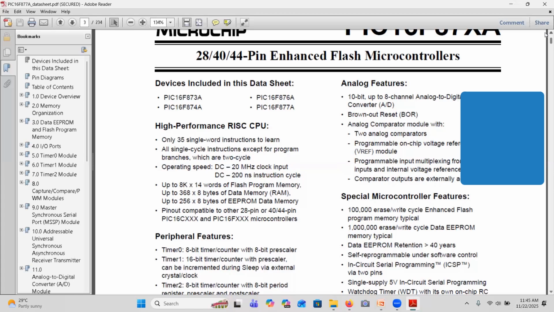Then brownout reset: if the voltage level goes below the normal operating voltage, they will issue a reset. They won't process any signal. They will simply restart again and again. So that will indicate that the system is not operating at the right voltage.